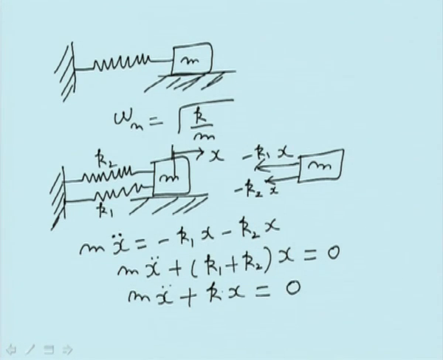We need not solve this again, we can say k equivalent is equal to k1 plus k2. So these two springs are in parallel, therefore their stiffnesses get added up.